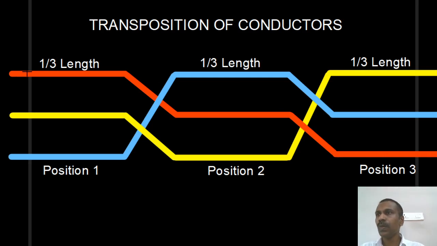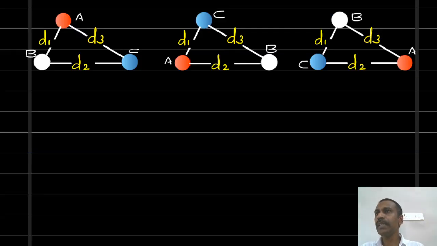So during the course of transmission, all the phases will be getting all the three positions, and thereby the potentials and the capacitance of all the three phases can be made equal. So the charging currents will be equal. So these are the three positions during the course of transmission.